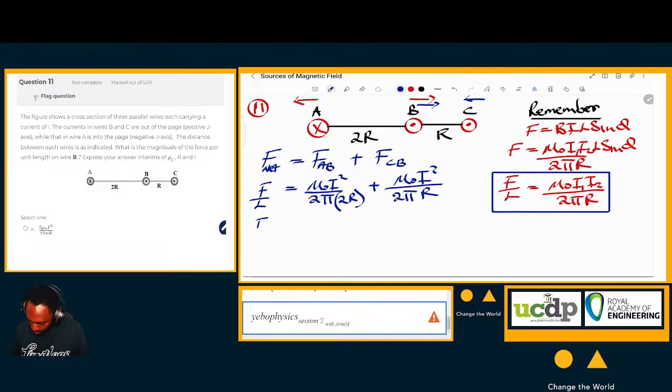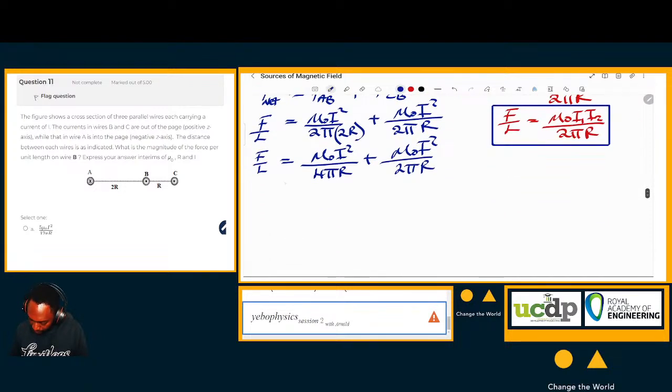So if you simplify that, that becomes mu naught I squared over 2 times 2, that's 4 pi r, plus mu naught I squared over 2 pi r. So you can factor out mu naught I squared over pi r, so it's 1 over 4 plus 1 over 2.